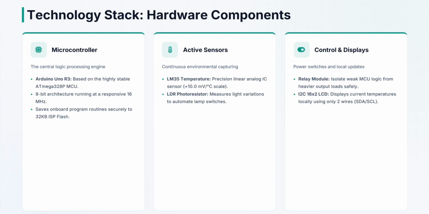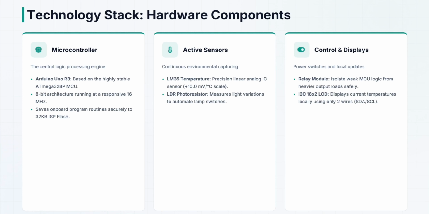For light detection, we implement a light dependent resistor, or LDR, arranged in a voltage divider configuration with a static resistor. As light falls on the LDR, its internal resistance drops drastically from megaohms down to a few hundred ohms, resulting in a changing voltage profile on analog pin A1.